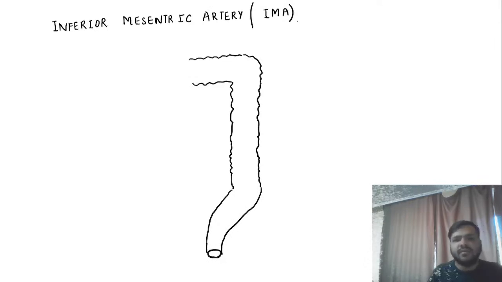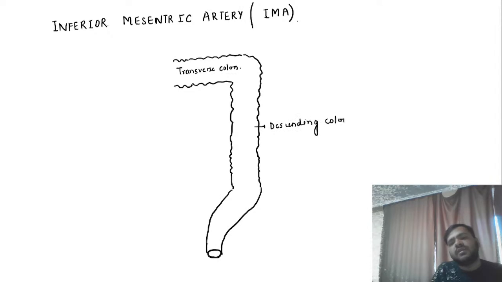Now guys, remember that this is the left one third of the transverse colon. Okay, this is the transverse colon. Just label the parts with me guys. This is the descending colon, and yeah, we have the sigmoid part, and ultimately we have the rectum.